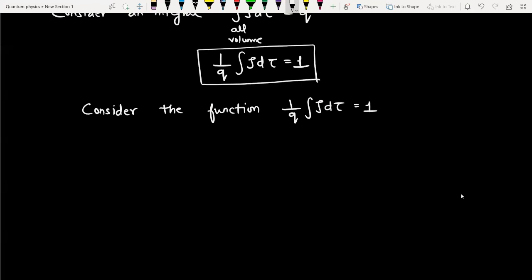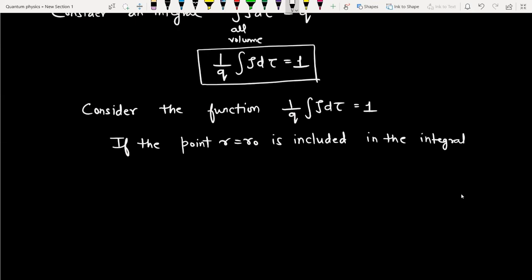So I would say that if the point r is equal to r naught is included in the integration range, then the integration of rho d tau would be q, and if you substitute this value in the above equation, you have q by q, which is equal to 1.